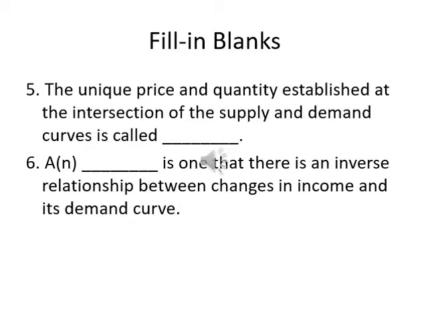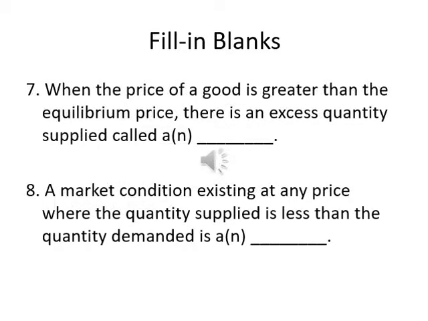The unique price and quantity established at the intersection of the supply and demand curves is called blank. 6. A(n) blank is one where there is an inverse relationship between changes in income and its demand curve. 7.